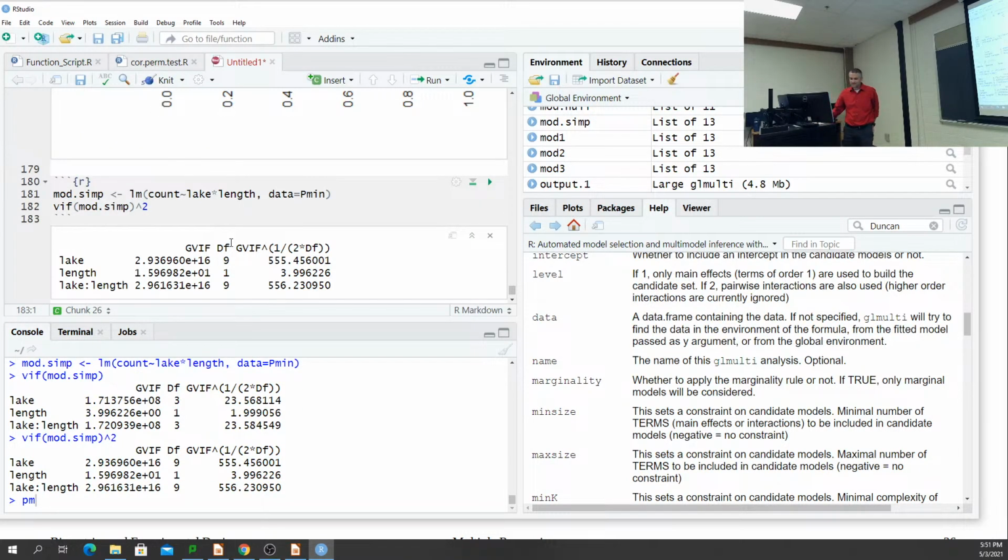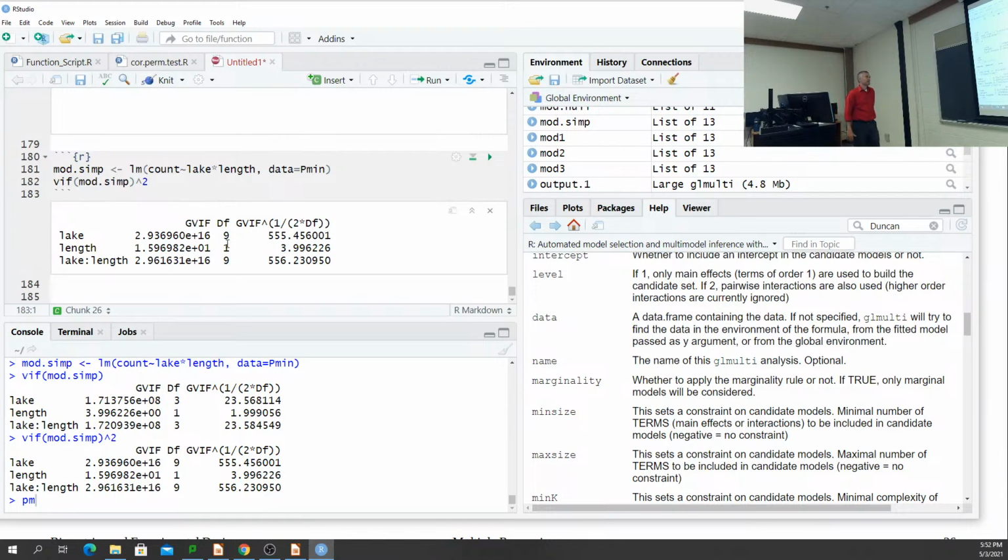Yeah, massive. So what do we do here? The key is that we've got this interaction effect, and that interaction effect really kind of defaults back to the main effects. So it almost looks like we have some sort of lake effect going on that's being correlated with our interaction.